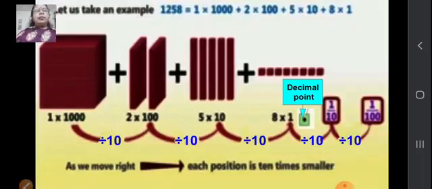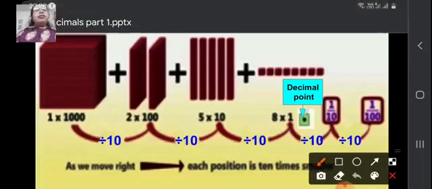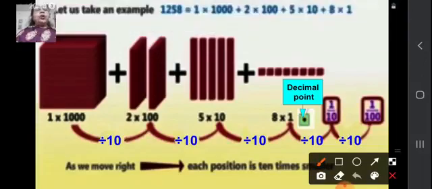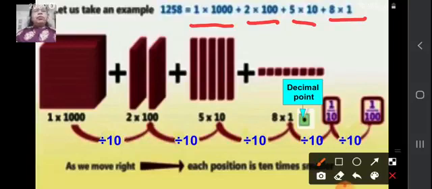Suppose we have a number 1258. So, how do we expand that? We will write it as 1 into 1000 plus 2 into 100 plus 5 into 10 plus 8 into 1. Children, when we move towards right in the place value system, from 1000 to 100 it is 10 times smaller.